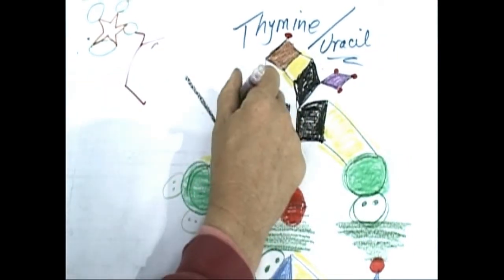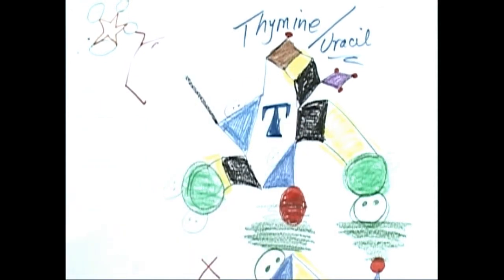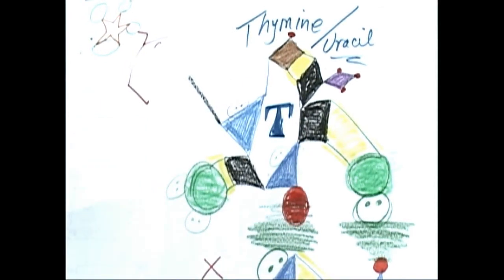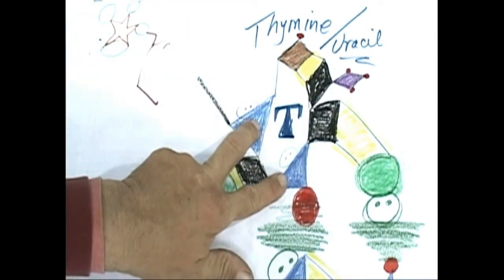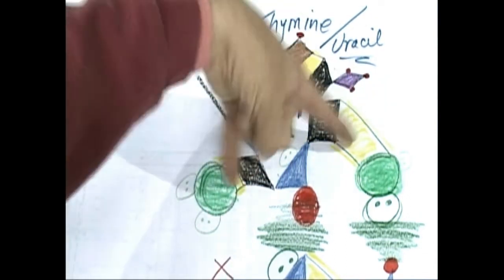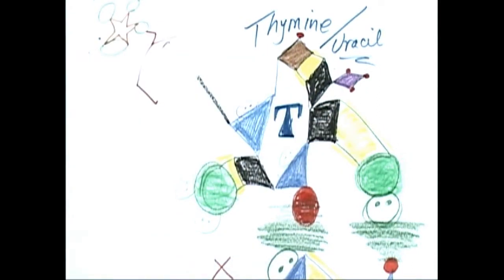If you want, electron pairs. So that's the thymine. Thymine is done now. One ring, 2 ends in it. Methyl side group, 2 ketones.